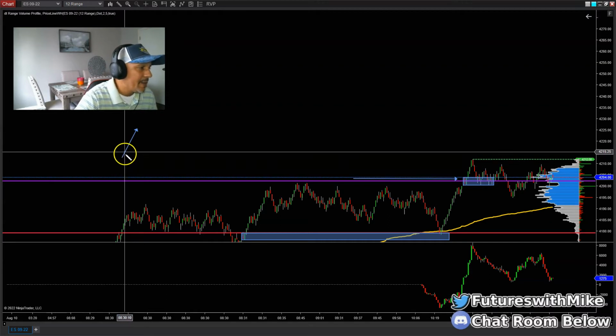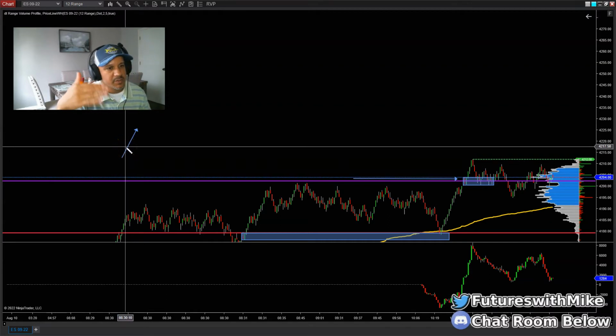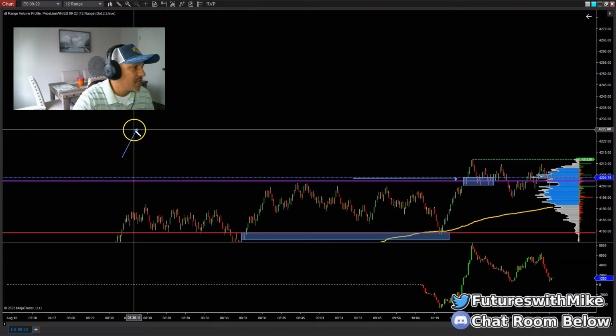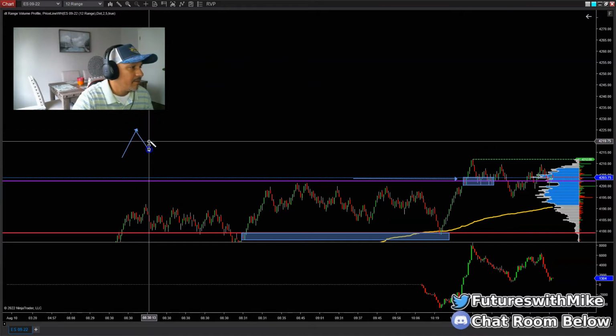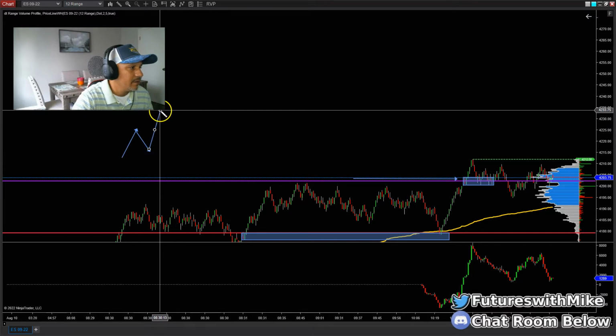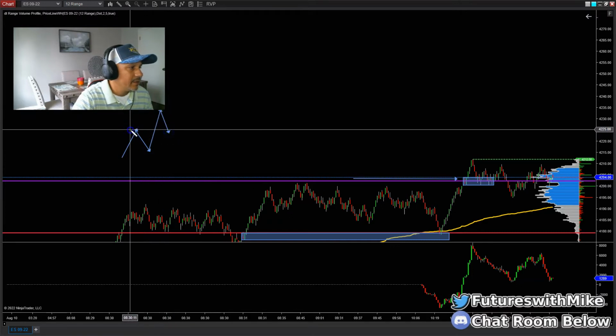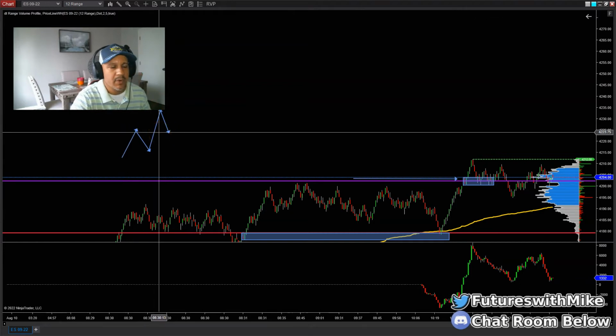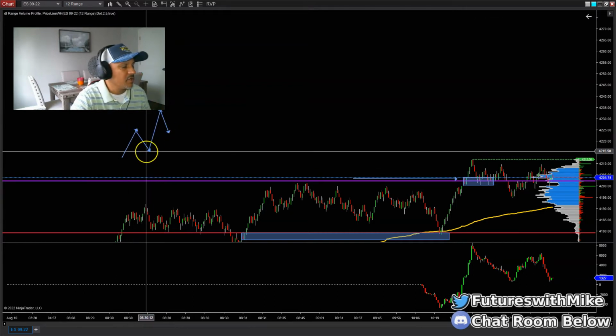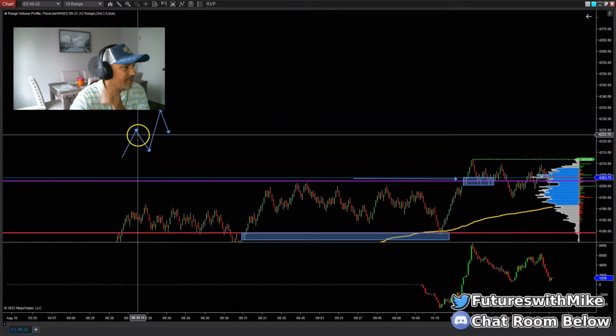So an example of price with market structure moving to the upside is like this right here. Price moves up, it pulls back, resistance right here, breaks through it. It may pull back to this area, and some people will trade what's called a breaking structure, or pretty much a break and retest back to this area of resistance.